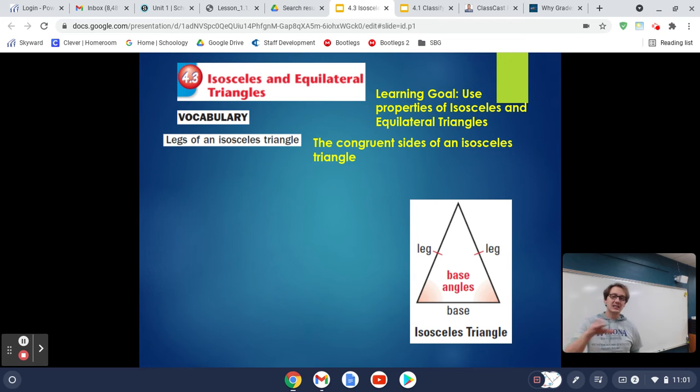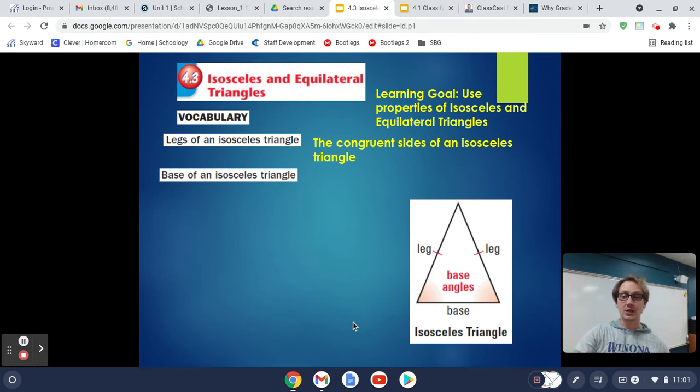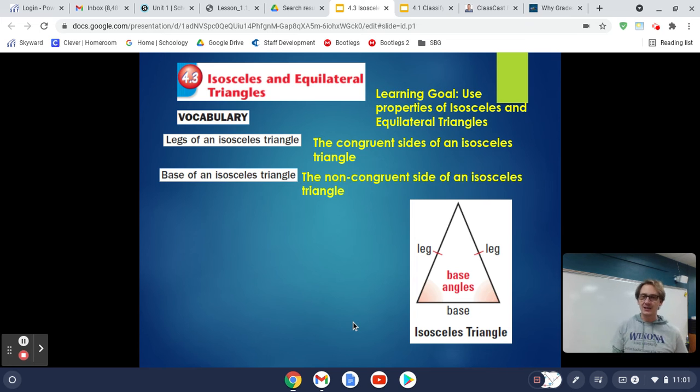So the legs of an isosceles triangle, if you recall when we were talking about isosceles trapezoids, the legs were the two sides that were congruent to each other. We had the two sides that were parallel and then the two sides that were congruent to each other, meaning they had the same length, and those were going to be our legs. And the other two sides, the parallel sides, the non-congruent sides, those were our bases.